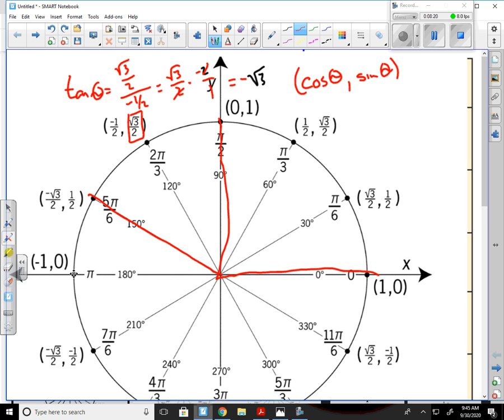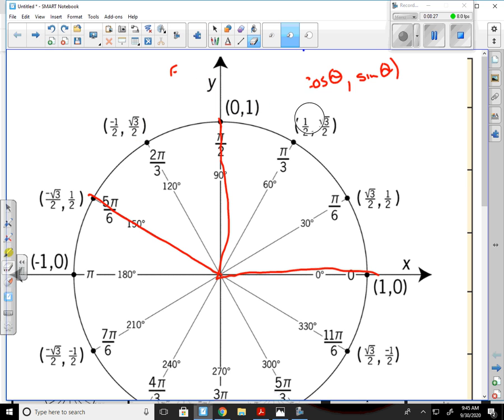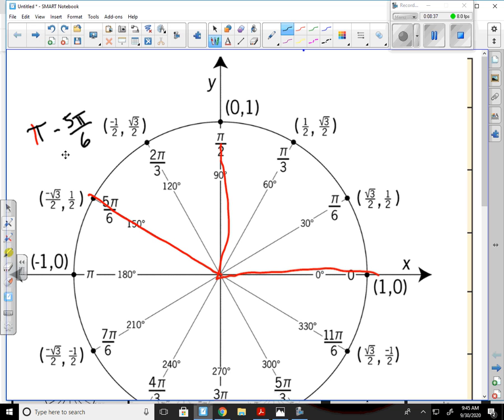So I do pi minus 5 pi over 6 to find my reference angle. In order to do that, I have to get a common denominator. So this makes it 6 pi over 6. That gives me just pi over 6. That's my reference angle, which is over here in the first quadrant.